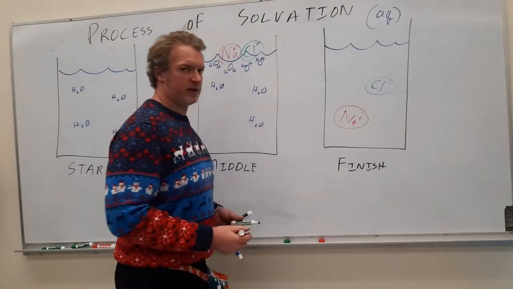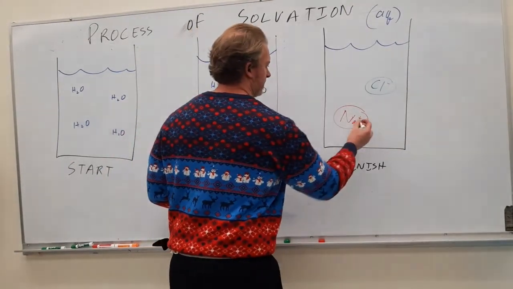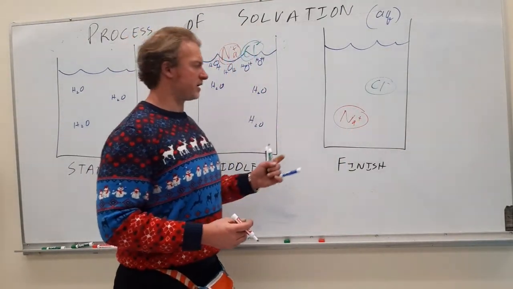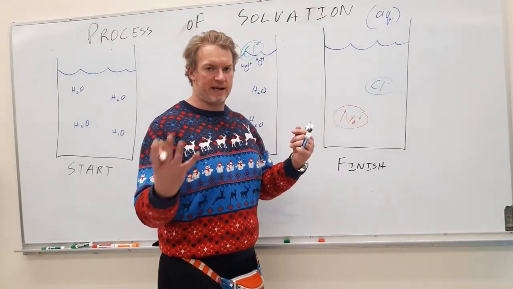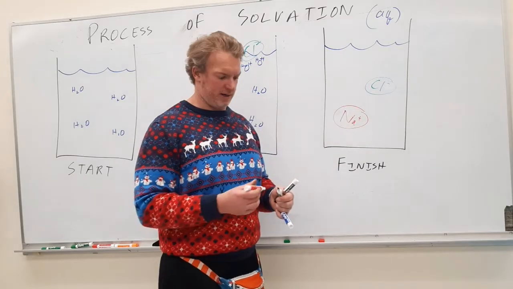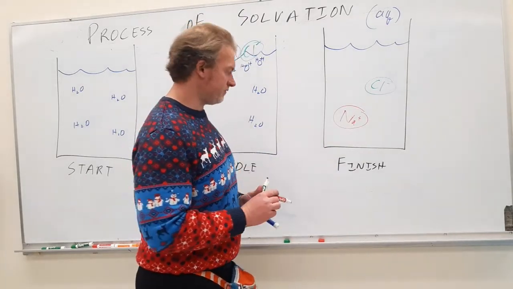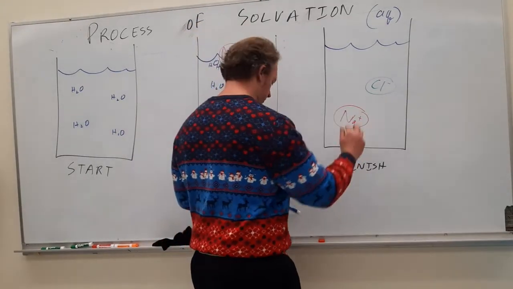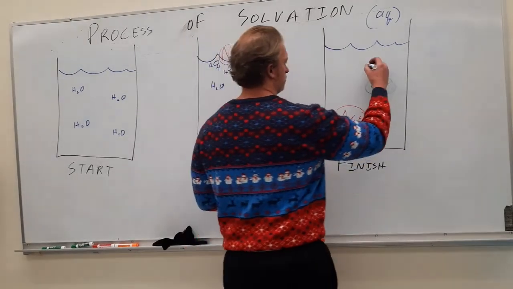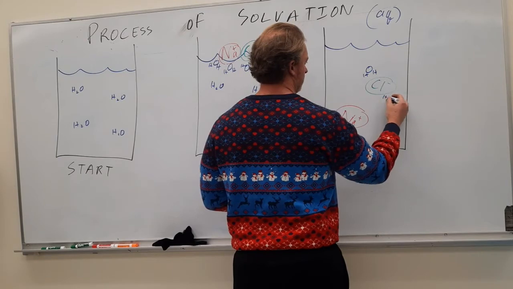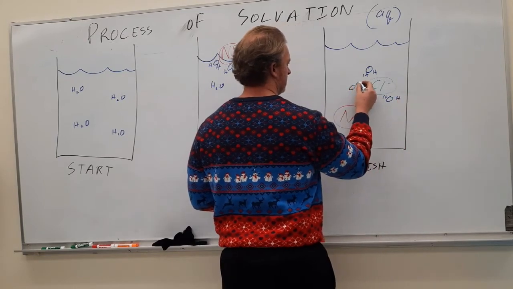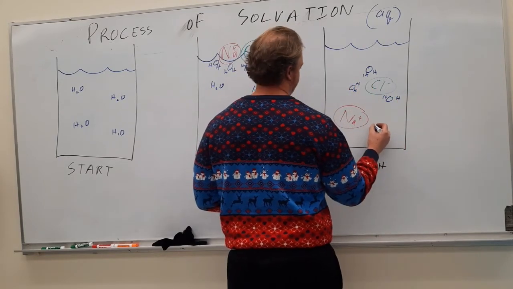This is very interesting. These ionic compounds that solvate in water separate into their cations and anions. And they are individualized, shall we say, and surrounded by water molecules in what is called the solvation sphere or solvation shell.